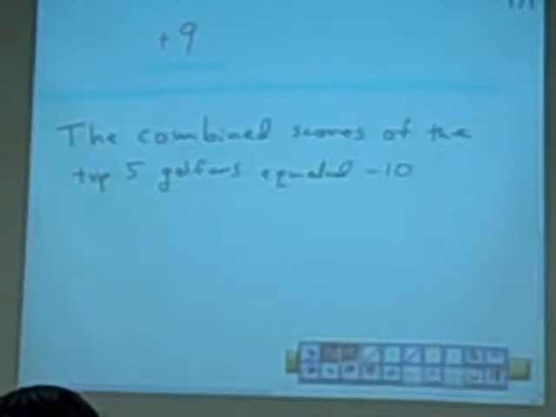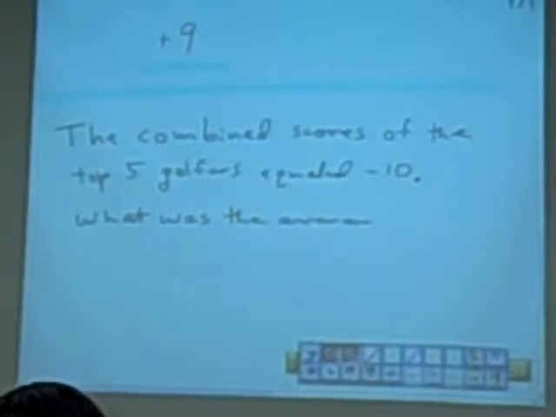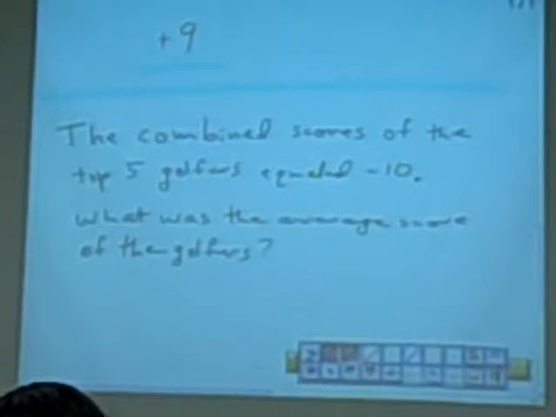So we have the combined scores of top 5 golfers equal to negative 10, period. What was the average score of the golfers? Okay, so we want an average score.